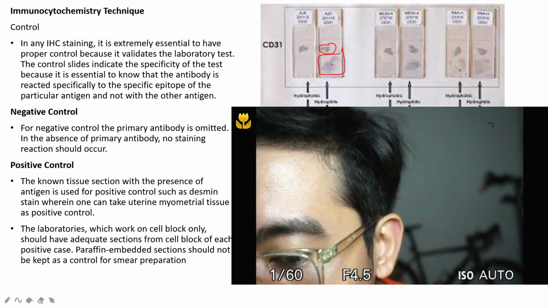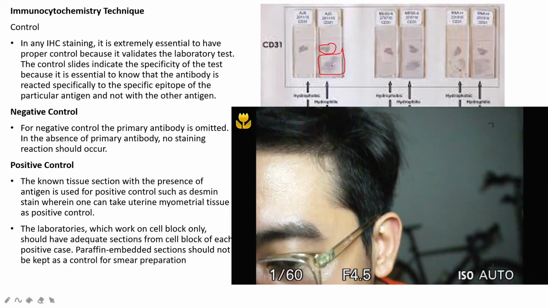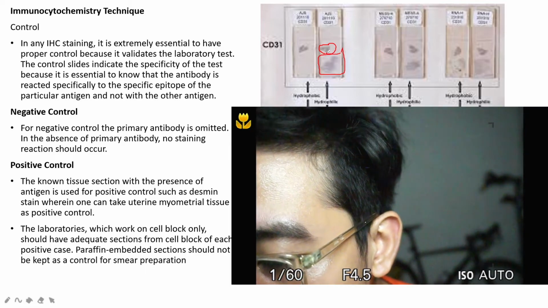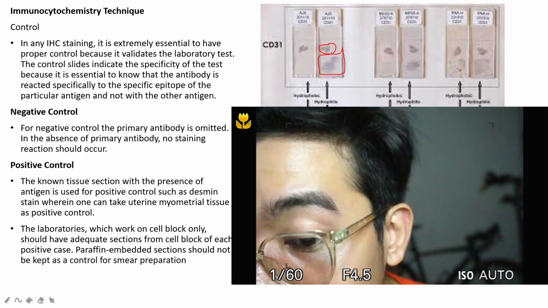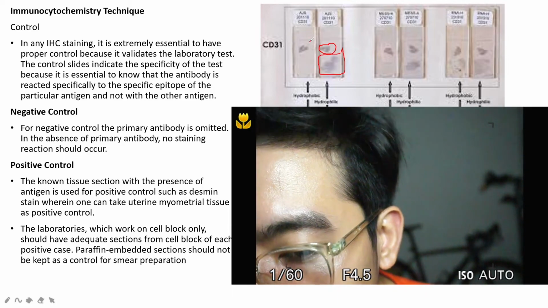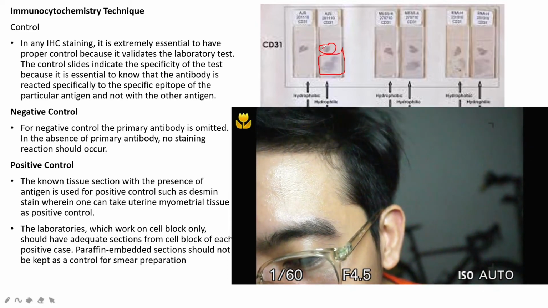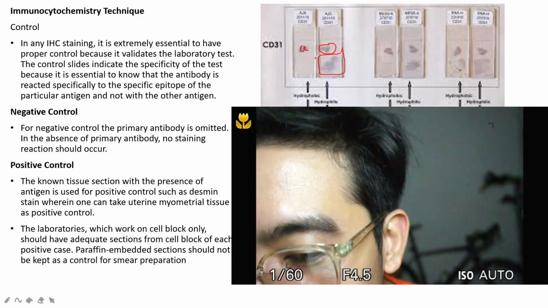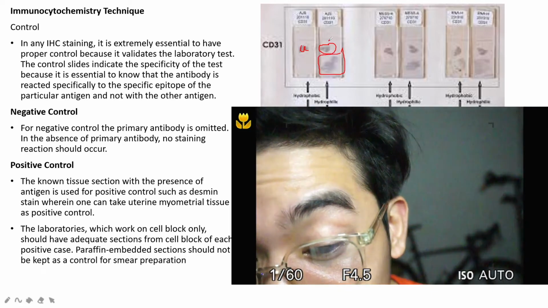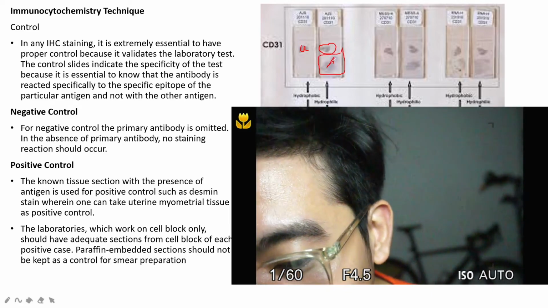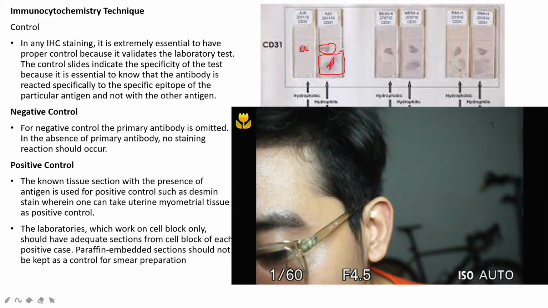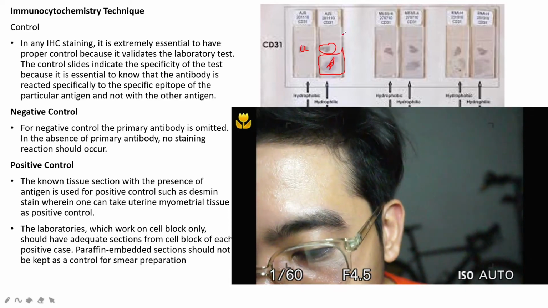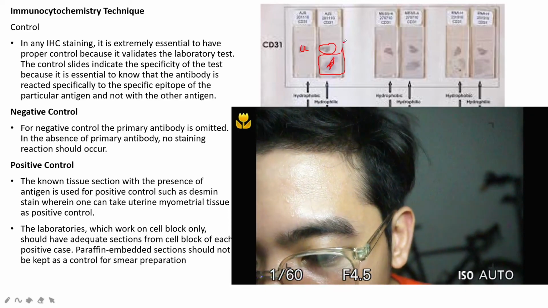So if we see staining of the same intensity as your control, it means your procedure and staining are valid. The staining was done well. But if the staining of the control is very faint or did not stain at all, then we question the viability of the staining of our specimen. That's the purpose of your control in immunohistochemistry: to check if the procedure was done adequately and without lapses.